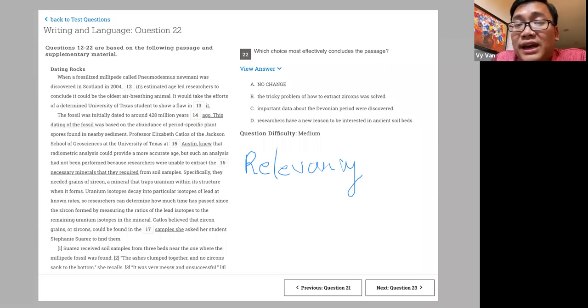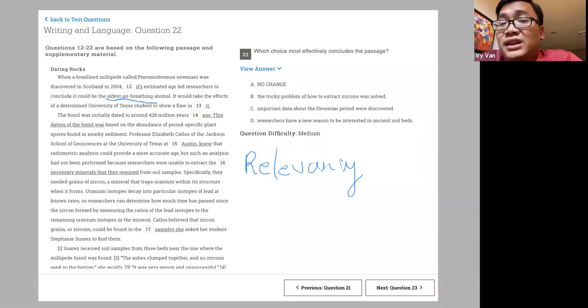So when a fossilized millipede, an animal called Pneumodesmus newmani, was discovered, its estimated age led to the conclusion that it could be the oldest air-breathing animal. It would take the efforts from a University of Texas student to show a flaw in this hypothesis. So they had this hypothesis that the fossilized millipede was the oldest air-breathing animal. But then it says it would take an effort from this student to show a flaw. That means it's not right.